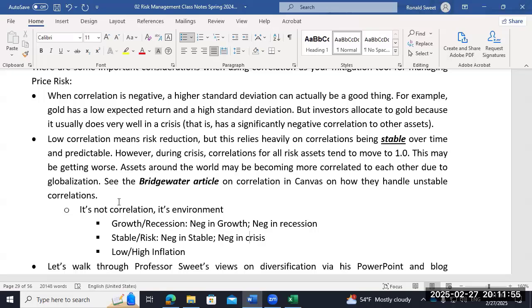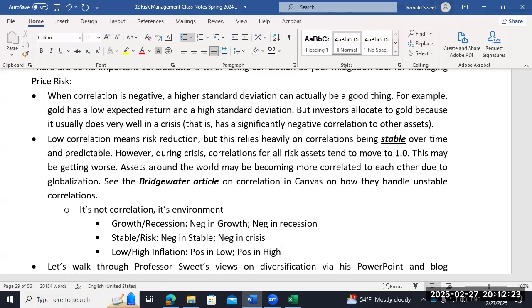Let's buy stocks and bonds, and that's all they need, and we're diversified. And they are. Two out of three times they're diversified. How do stocks and bonds do in low inflation? Positive and low. How do they do in high inflation? Positive and high. Whoops. That's 2022, where they're both down over 20%. Stocks and bonds both down 20%.